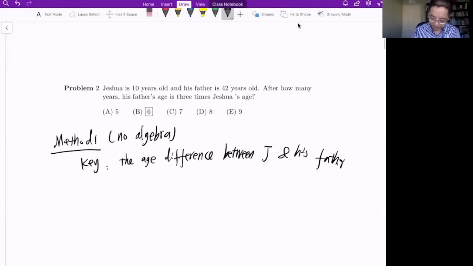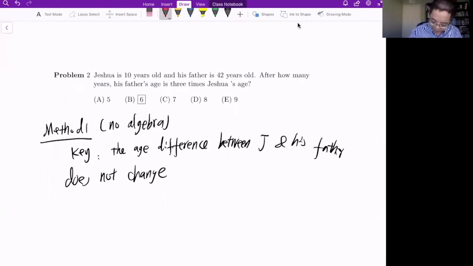It does not change, because every year Joshua increases by one year, and his father also increases by 1 year. So what is the difference? We know the difference is just 42 minus 10, which is 32.